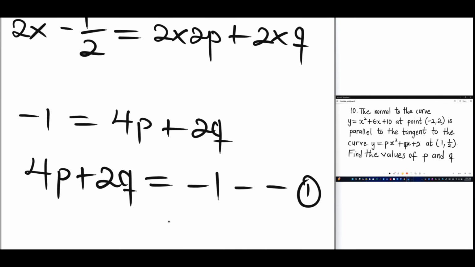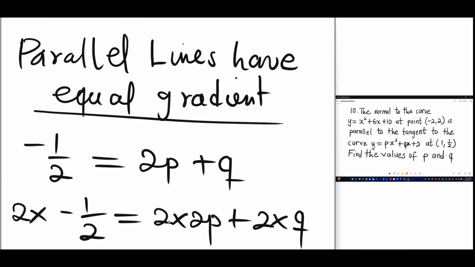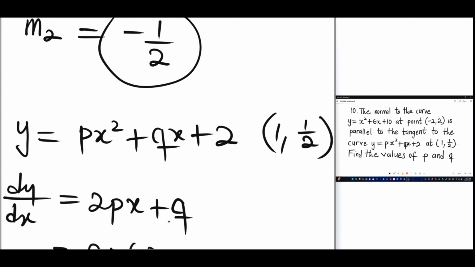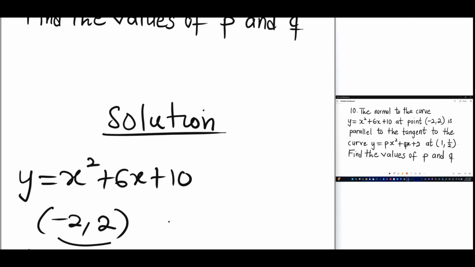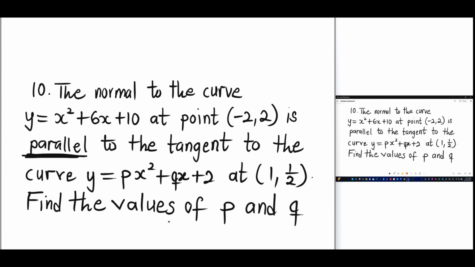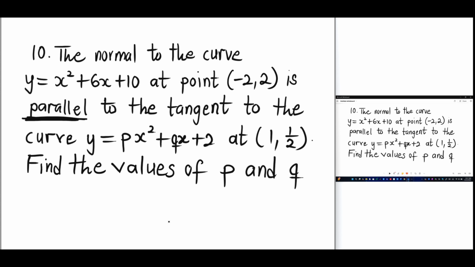We have a normal to a given curve, and a tangent to another curve. And it is stated that the normal to one of the curves is parallel to the tangent of the other curve. So we know that a normal is a straight line which is perpendicular to a tangent of that same curve.